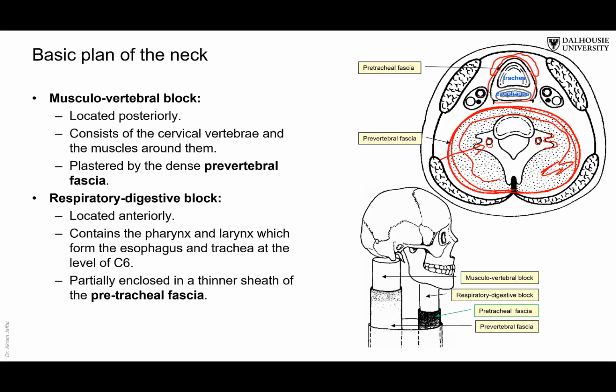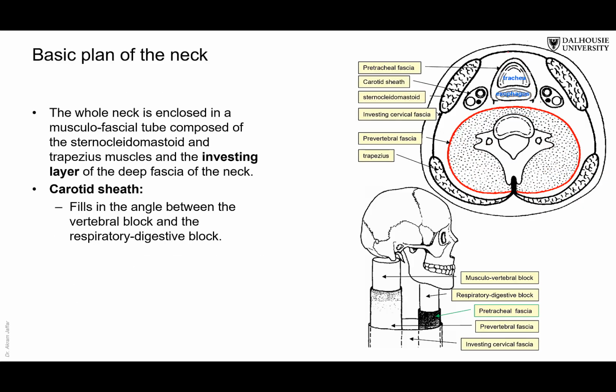Again, the name might be confusing. Pretracheal, it's in front of the trachea, but actually it surrounds all these structures. It is thicker anteriorly than posteriorly, but it surrounds all the structures that I mentioned, and it's another part of the deep fascia of the neck.